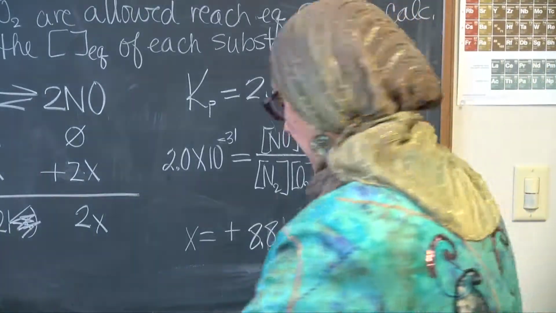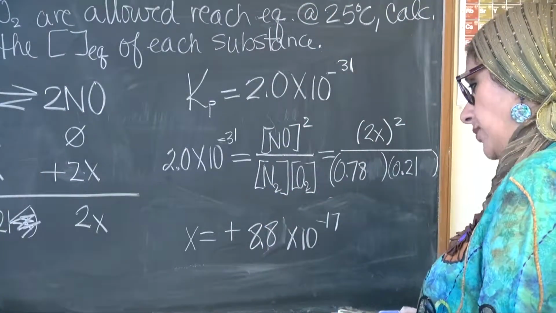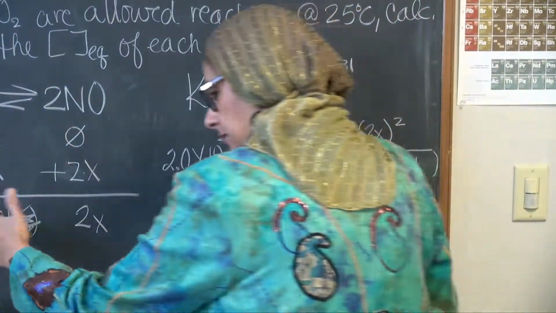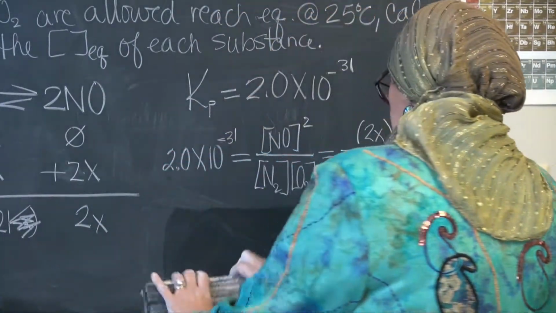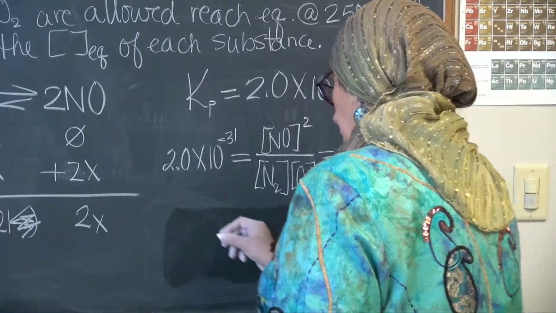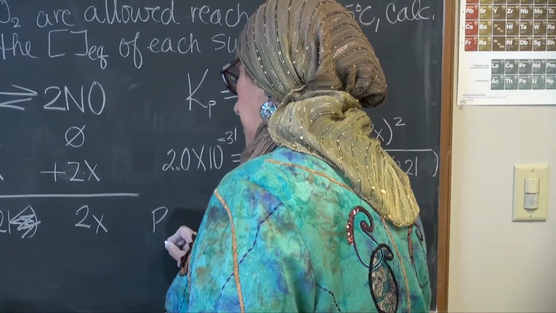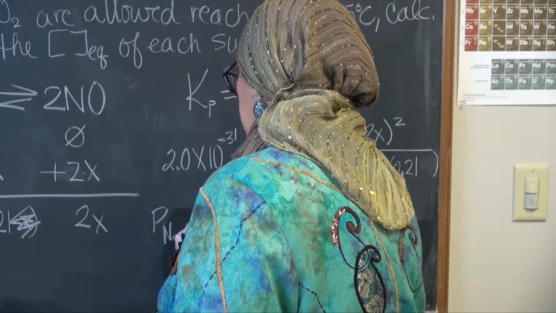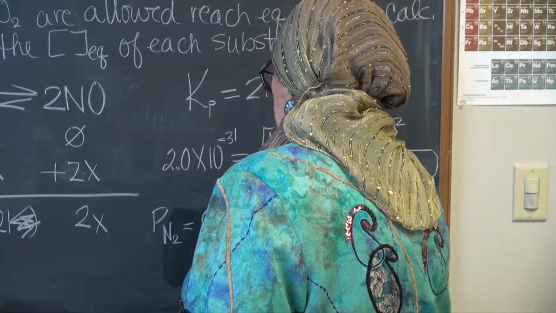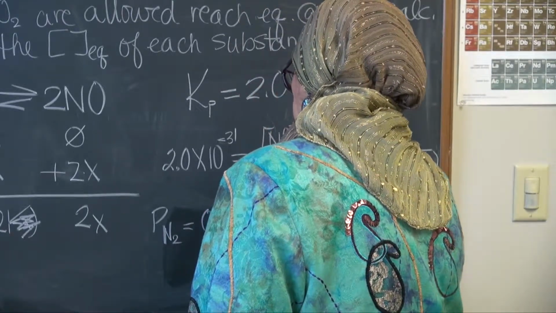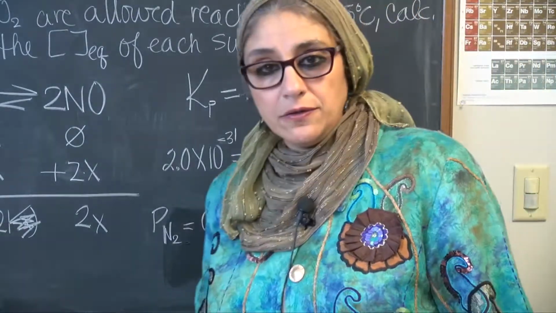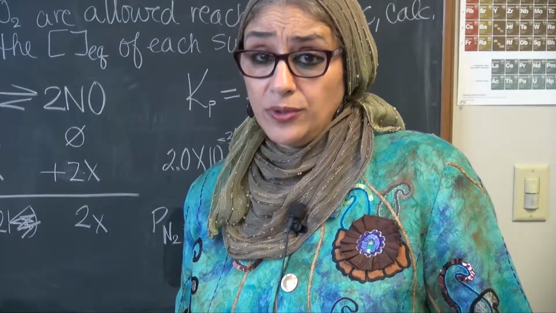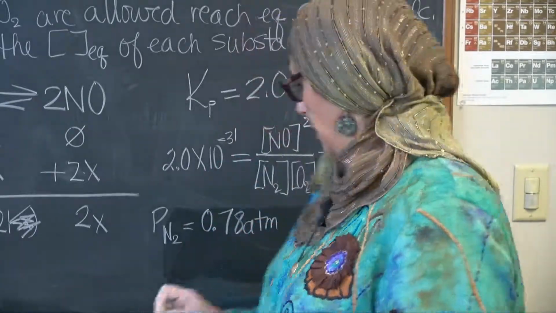Okay, so now that we have this x figured out, what we have to do is come back and plug into the equilibrium concentrations that we had written in our RICE table. Remember that we approximated the partial pressure of nitrogen as 0.78 atmospheres. And if we subtract from 0.78, 10 to the negative 16th, you see how insignificant it is. It's nothing, right?